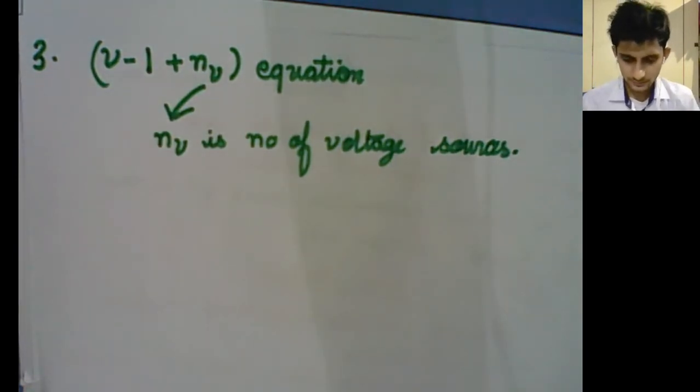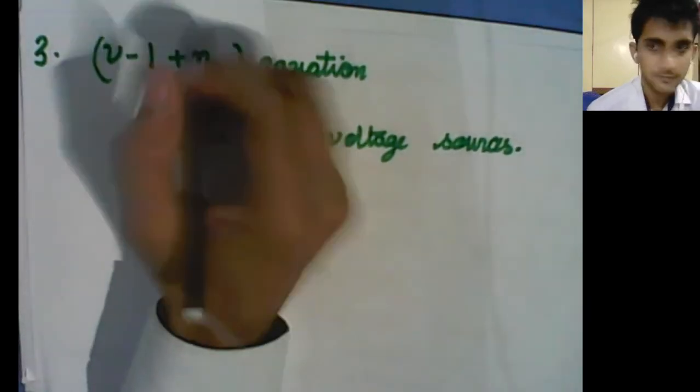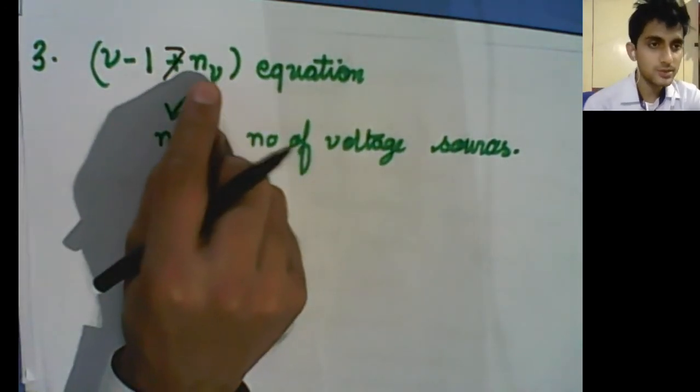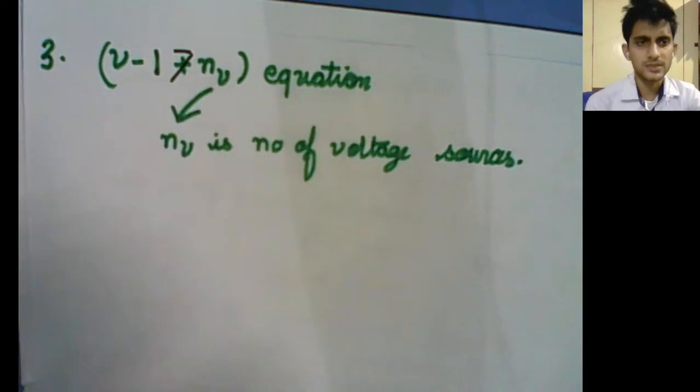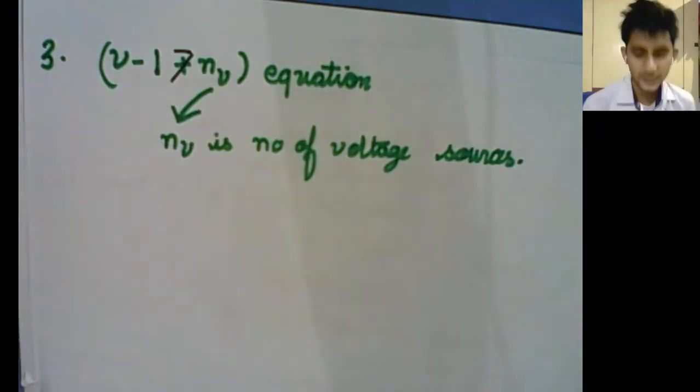Okay, so that's how we have actually it should be, let me make a correction, that not a positive sign but a negative sign, क्योंकि जितनी independent voltage equations आएंगी उतनी total equations में से वो कम हो जाएगा, so there is a mistake, make a correction here.